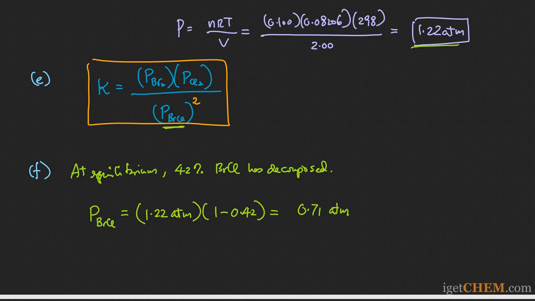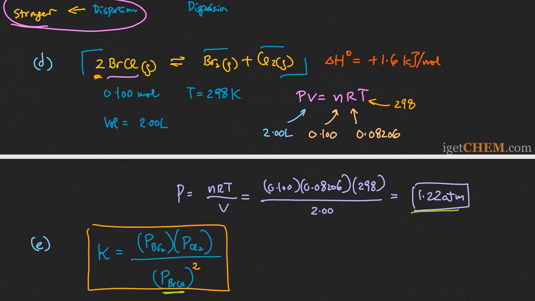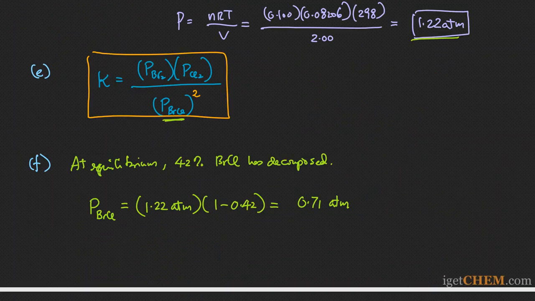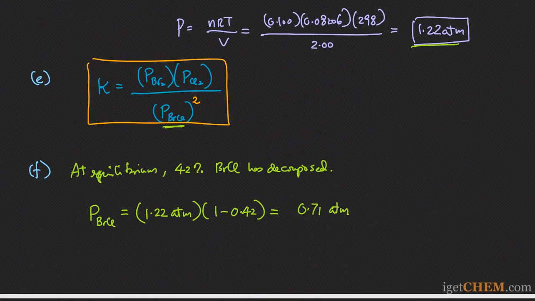So we still need the partial pressure of Br2 and the partial pressure of Cl2. But of course, those are given by the stoichiometry of the problem, because according to the balanced equation, every time 2 BrCl decomposes, it makes 1 Br2 and 1 Cl2. So in this case, you see the amount of BrCl that has decomposed is 42%.